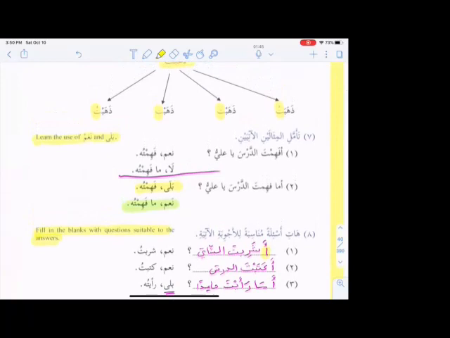Yes, we are here. Afahimta darsa ya Ali? Straight away asking question. Naam, fahimtuhu. Or you will say la, ma fahimtuhu.